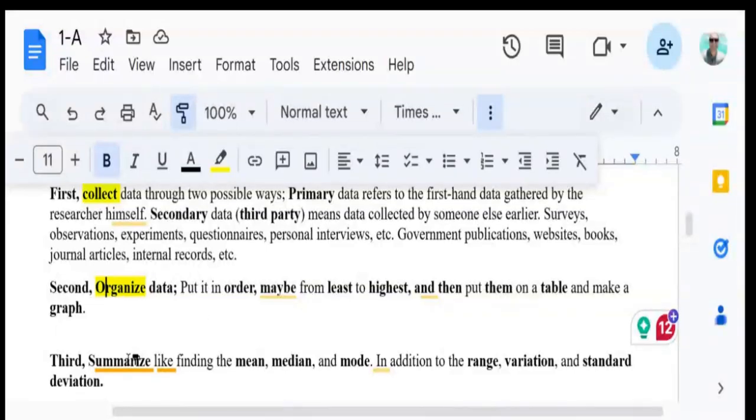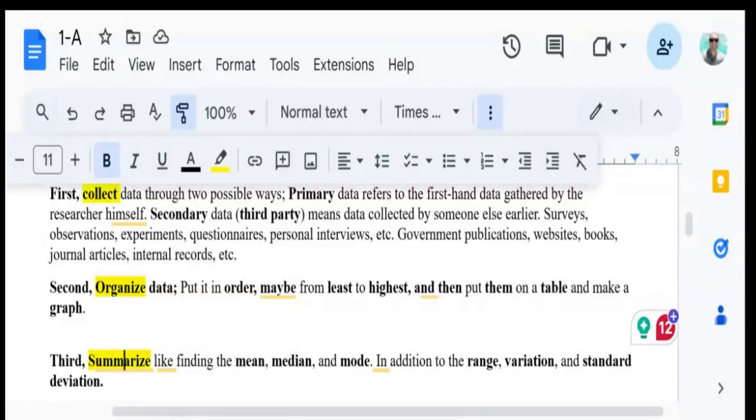Okay. Third, what's the third step? Summarize. How can I summarize the data? Mean, median, and mode. What else can I do? Range, variation, and standard deviation. Now, who can remember those?